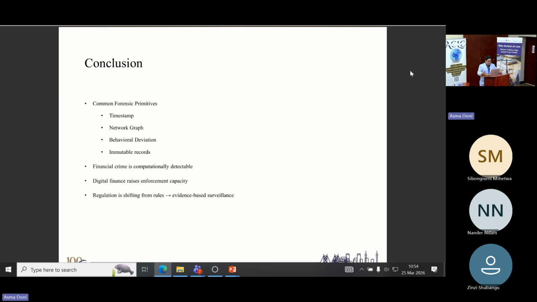So, as a conclusion, we have seen some of the common forensic primitives like timestamps. Even if you are doing some crime, be careful about this because you are easily tracked. Criminals are hard to identify by looks, so they look at network graphs and behavioral deviations, like at what time he is sleeping.